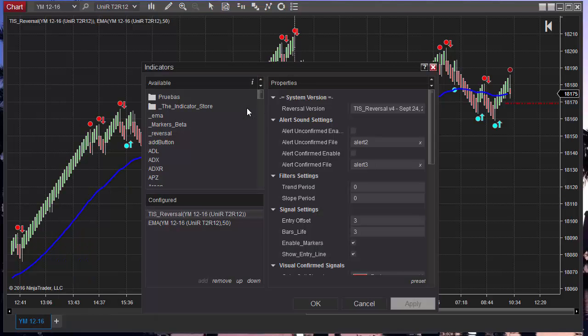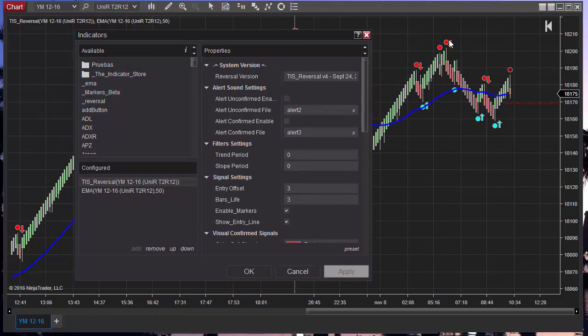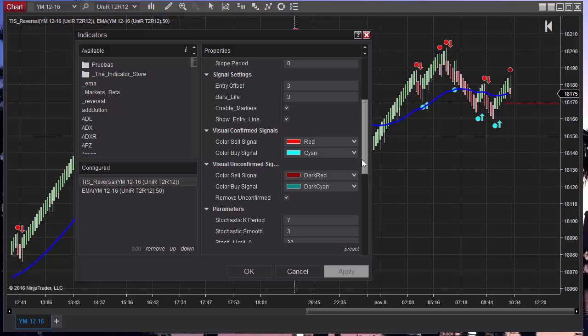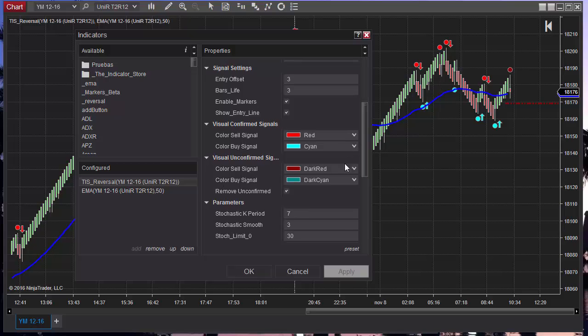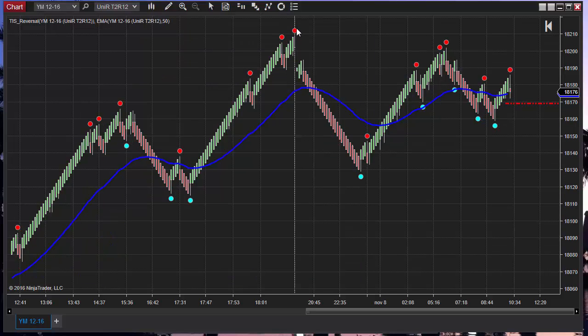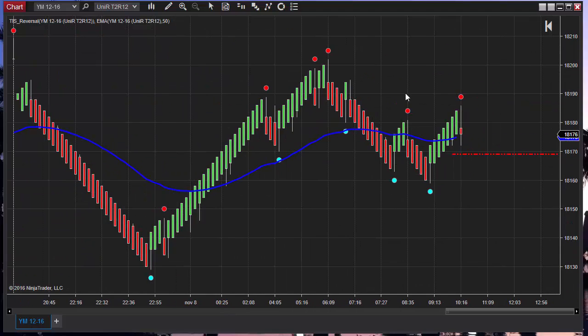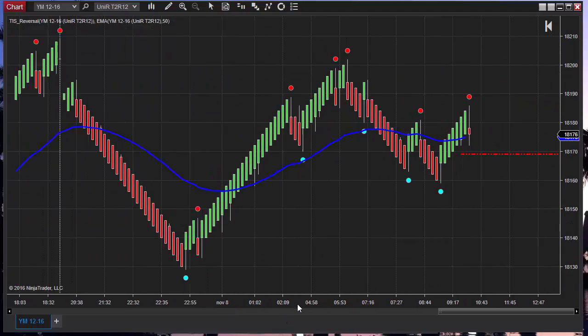We can remove the arrows, the RVO entries, on the reversal indicator by disabling the markers with this option. So now we only get the reversal dots, confirmed and unconfirmed.